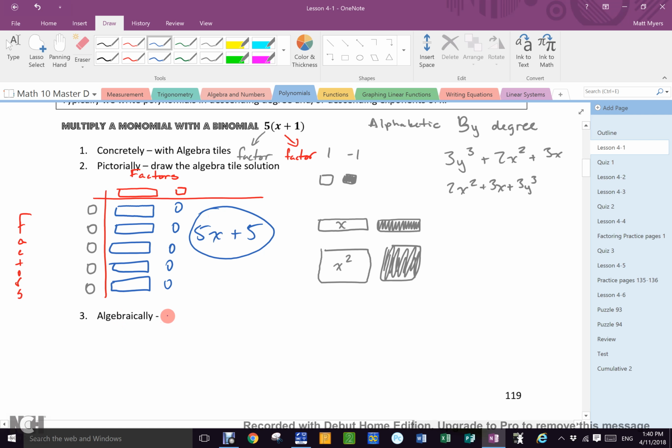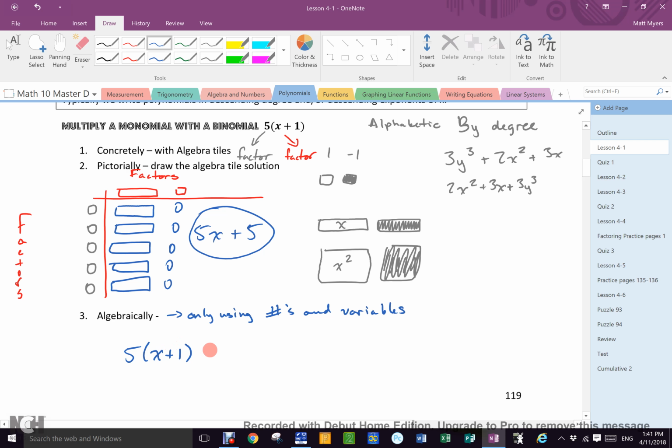Algebraically means we're only using numbers and variables. This skill, number 3, is what works all the time, because you can't use algebra tiles past squared. So we had 5 times x plus 1.